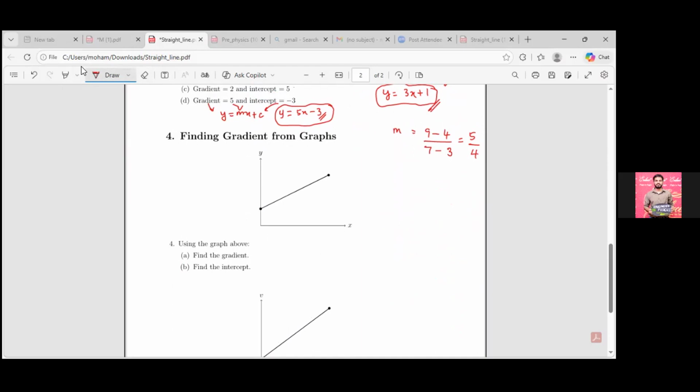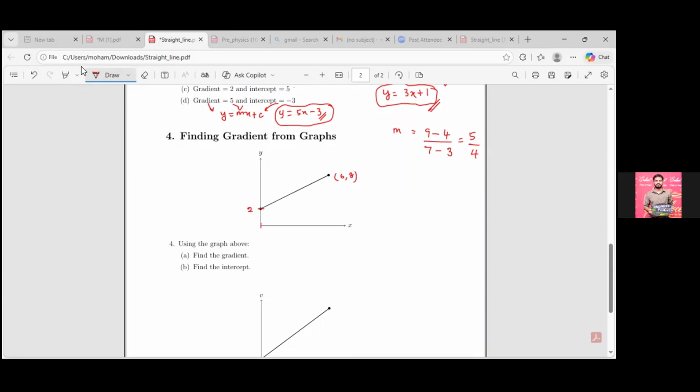So we can say this y coordinate is, let's say, 2, and let's say this coordinate is 6 comma 8. So this is 6 comma 8 and this is 2. I mean the intersecting point is 2.